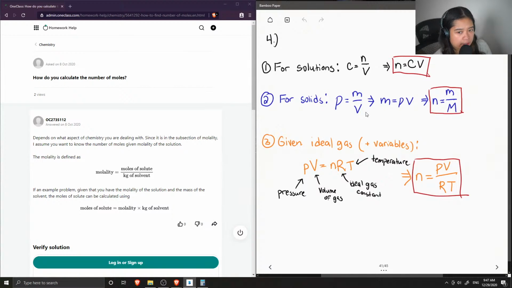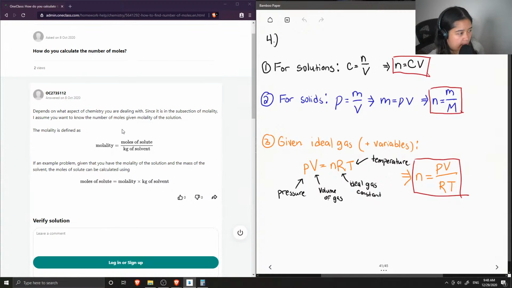For solids, you can calculate number of moles by finding the mass first by multiplying density and volume of the solid to get the mass, and then divide by the molar mass to calculate for number of moles. And also, given an ideal gas, if we have pressure and temperature and also the volume, we can calculate the number of moles of the system by rearranging the ideal gas equation.